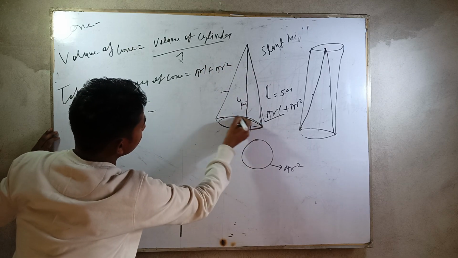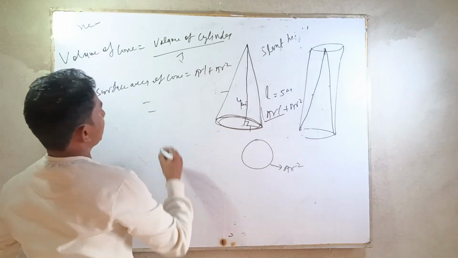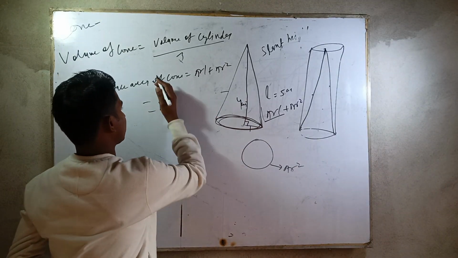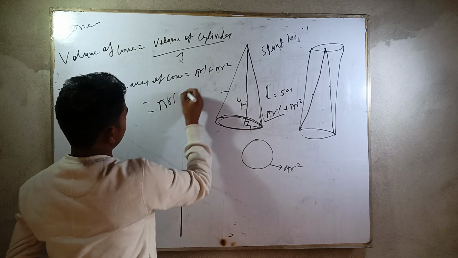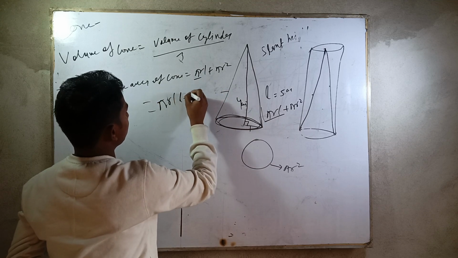Only this is added, and then I take pi r common, so it is pi r times l plus r.